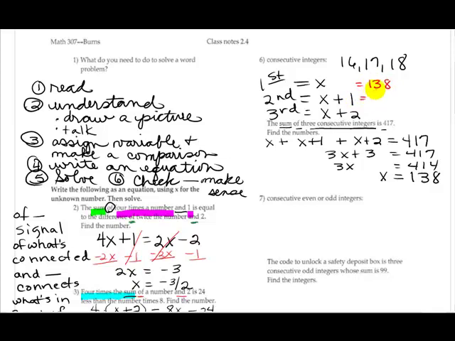The second one is 138 plus 1, and 138 plus 2. Then I should be able to add all these numbers together and see if they add up to the 417 that we started with, or that they needed to, that the problem stated.